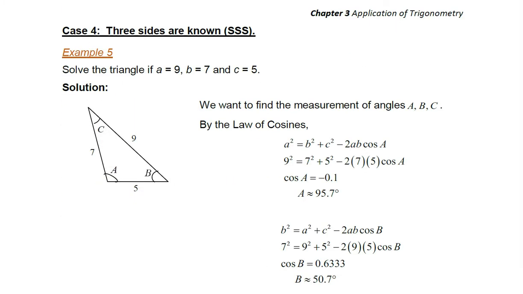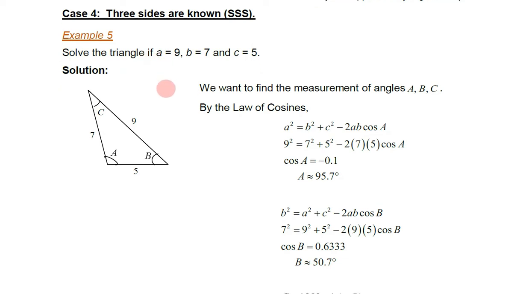Okay, case 4 refers to where we have all sides, without any angle. So to solve the triangle when we have all the sides, again we will use the law of cosine and choose anywhere you want to start. You want to find angle A first, or angle B first, or angle C first, it doesn't matter.